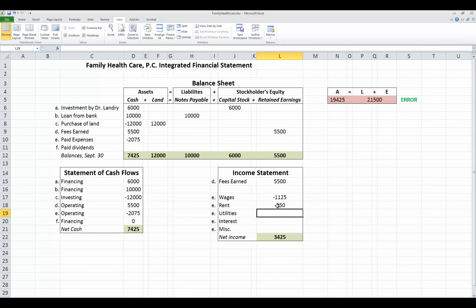He paid $450 in utilities. Now at the end of the month, he has to pay $100 of interest on his $10,000 loan. So that is $100. And then there are miscellaneous expenses that came out to $275.